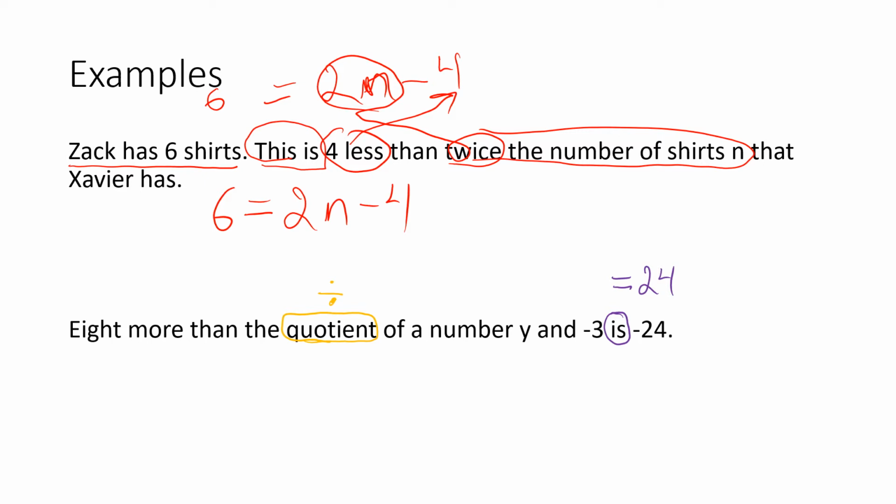Now, the other thing we need to look for here is this 8 more. When it says 8 more, this is not a multiplication, this is an addition, so there's going to be a plus. So we have a plus sign, we have some division taking place, and we have our equal sign.